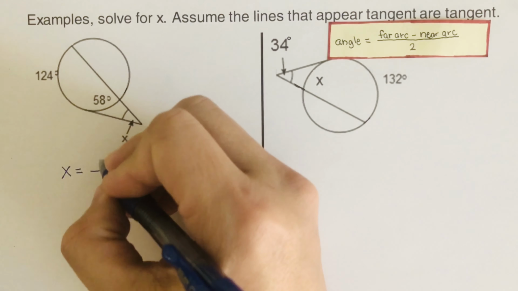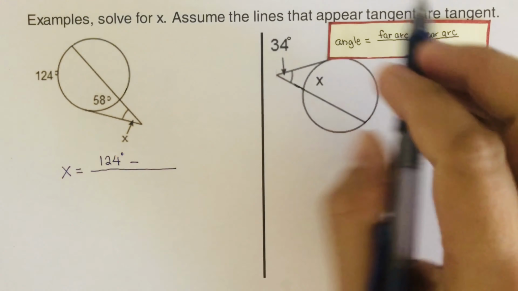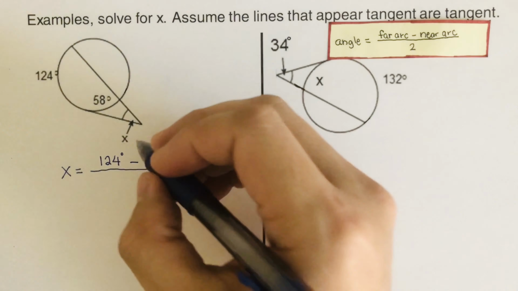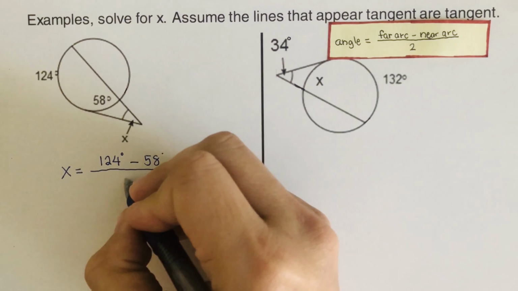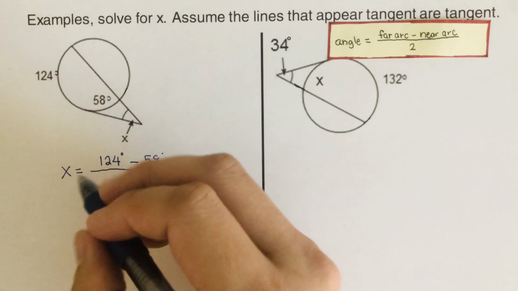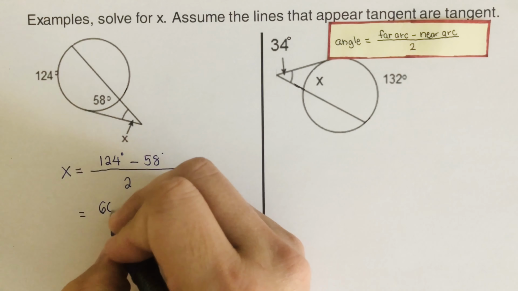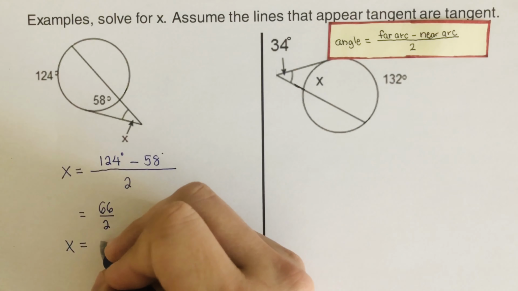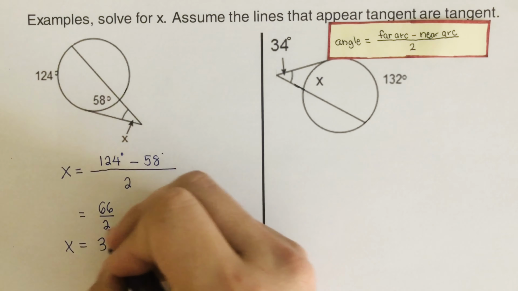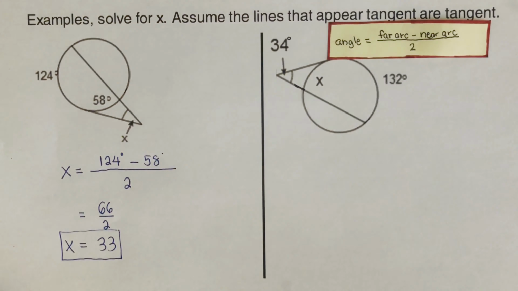So that would be 124 degrees minus the near arc, which is 58, divided by 2. If we subtract 58 from 124, that would be 66 divided by 2. So our x is 33. So this angle right here is 33 degrees.